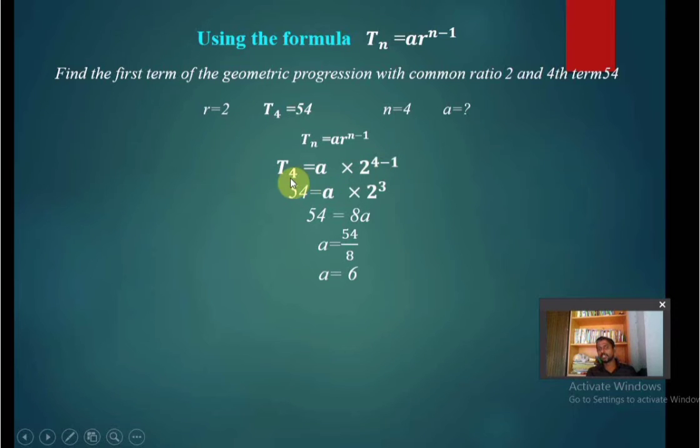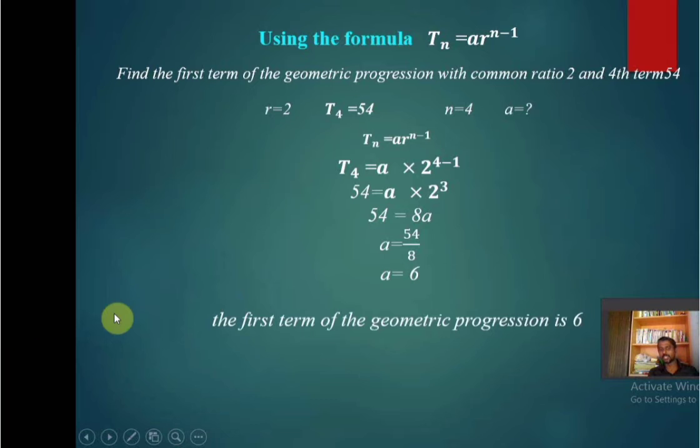We substitute every value. So T4 equal to a into 2 to the power 4 minus 1, then T4 equal to 54. 2 to the power 3 equal to 8, so 8a equal to 54, so a equal to 6. Then the first term of the geometric progression is 6.